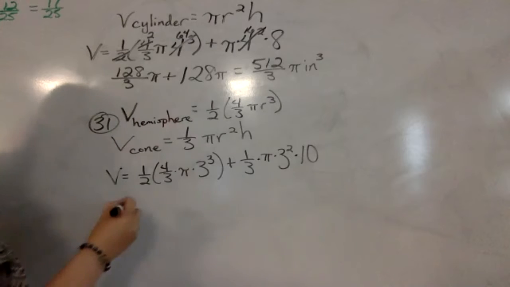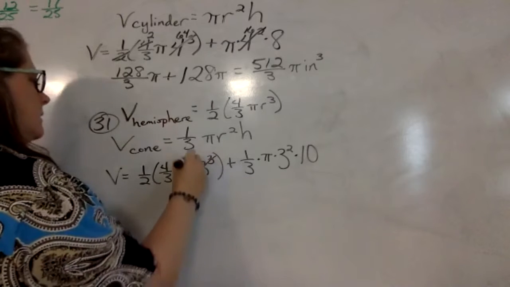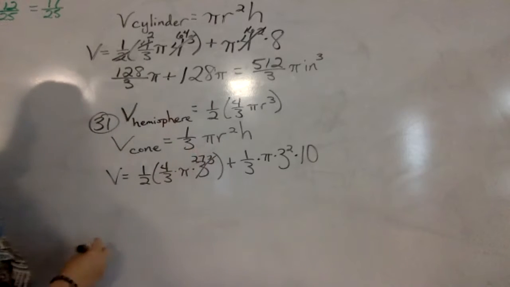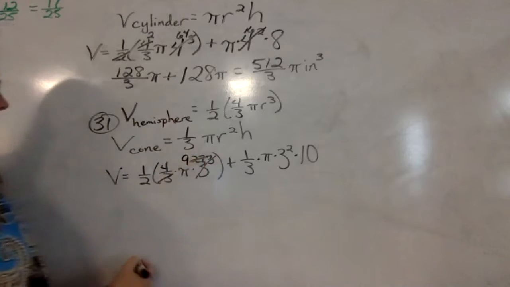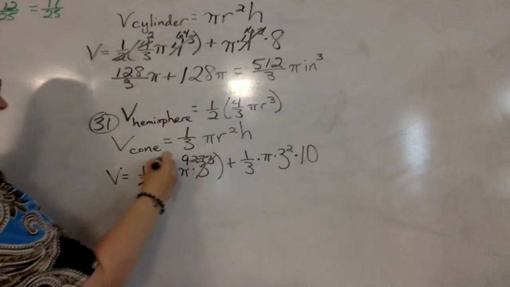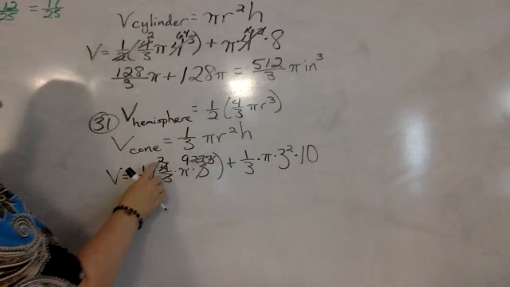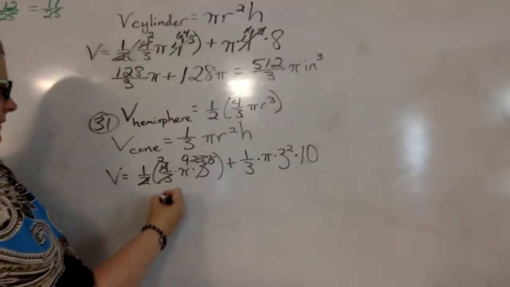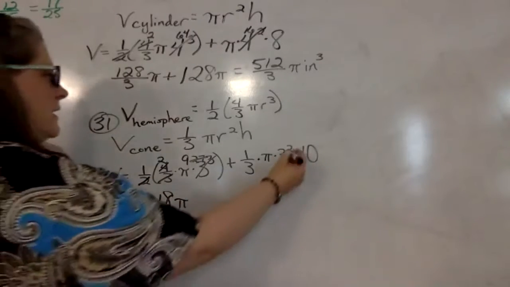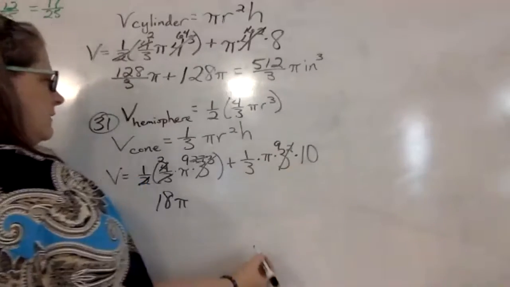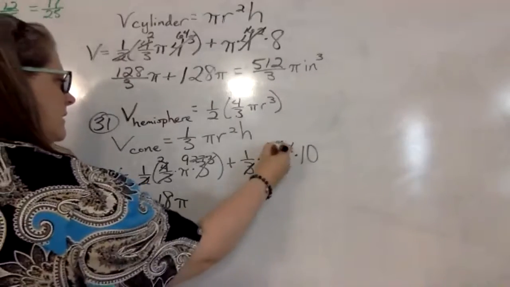Okay. So I know 3 cubed is 27. I know 3 can go into 27 9 times. I know 2 can go into 4 2 times. So I have 1 times 2 times 9. 18 pi for the hemisphere. I know 3 squared is 9. I know 3 goes into 9 3 times.